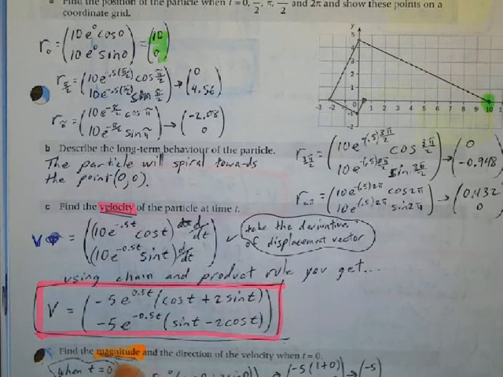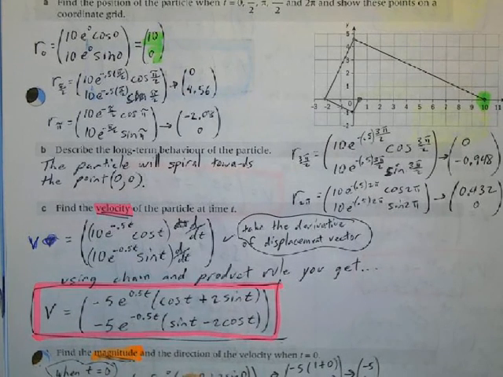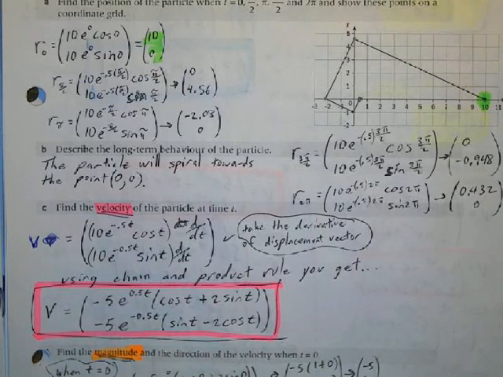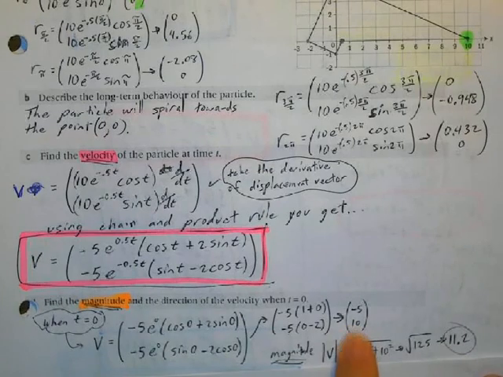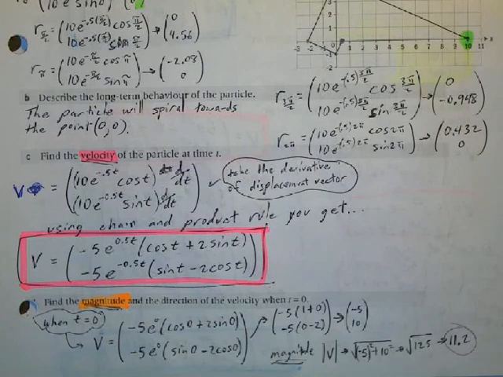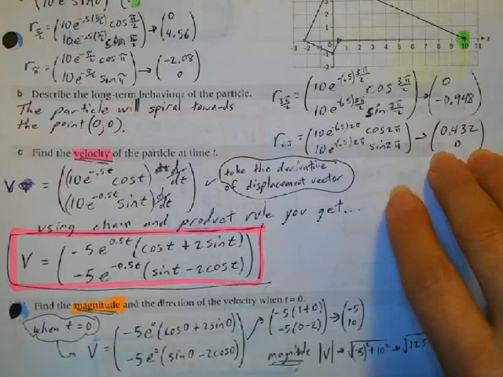Before we find the magnitude, we have to plug in 0 for t in our velocity vector, and then we end up with -5, 10. To figure out the magnitude, we take the square root of this squared plus this squared, and we get this. I ran out of space to do the direction, so you'll have plenty of practice with that.